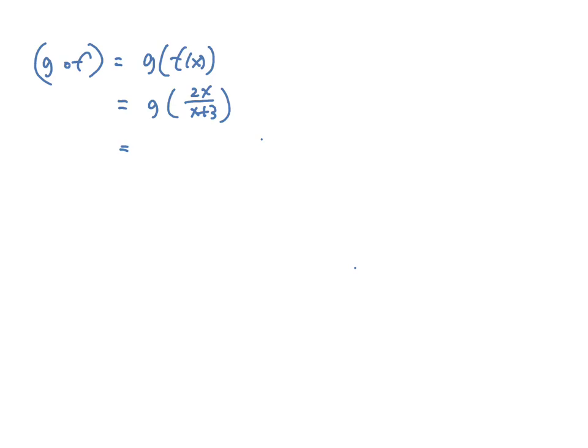Now, remember, g of x is negative x plus 1. So wherever x goes in here will go in here. So g of 2x over x plus 3 becomes negative 2x over x plus 3 plus 1.